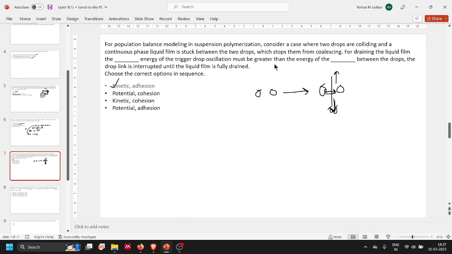If adhesive forces are high, the drops would slowly just come together and the liquid film won't be drained properly. But if the oscillation of the drops is higher, the kinetic energy of the triggered drop oscillation will be high enough to slowly displace the liquid film between them. So the kinetic energy of the trigger drop oscillation must be greater than that of the adhesion forces between the drops.